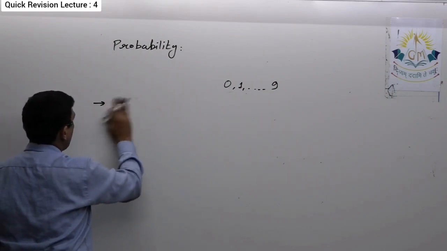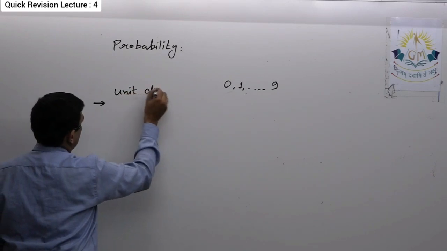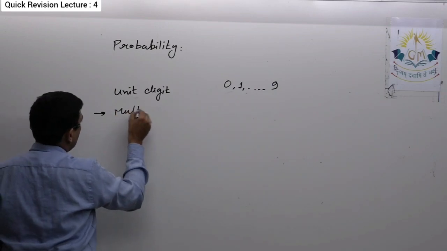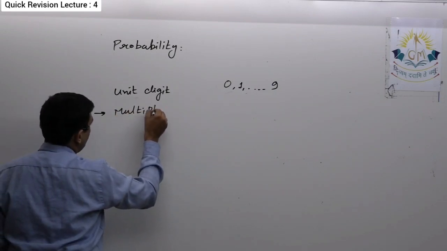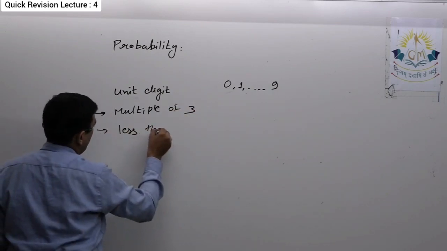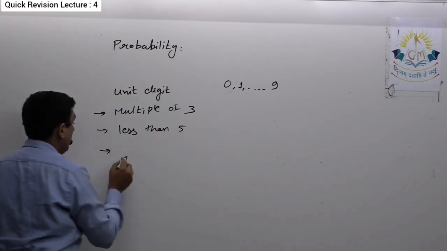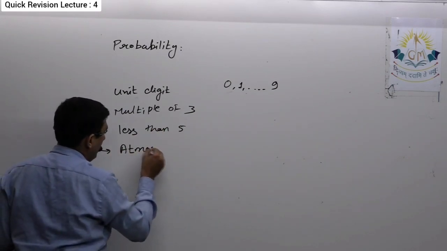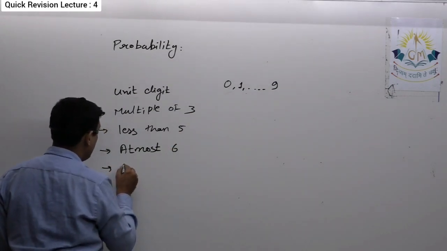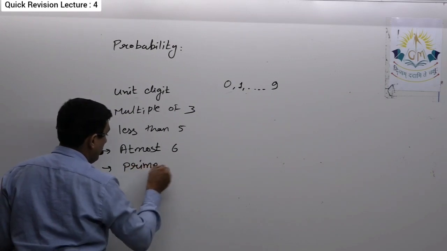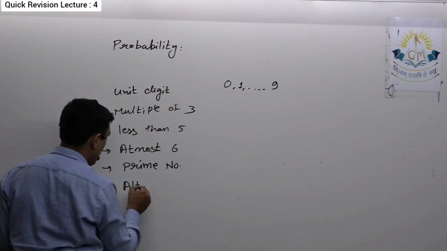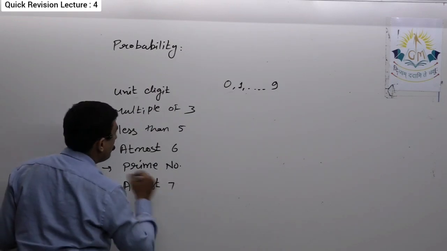Unit digit is a multiple of 3, less than 5, at most 6, prime number, at least 7.